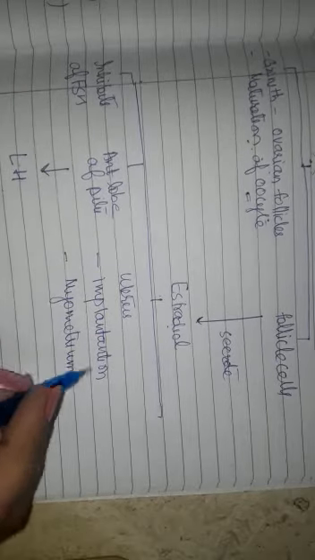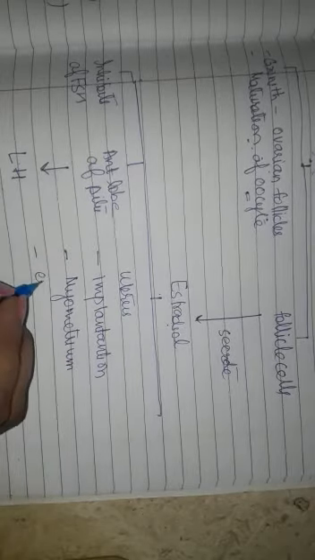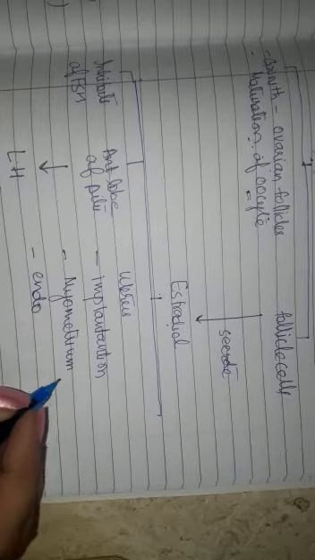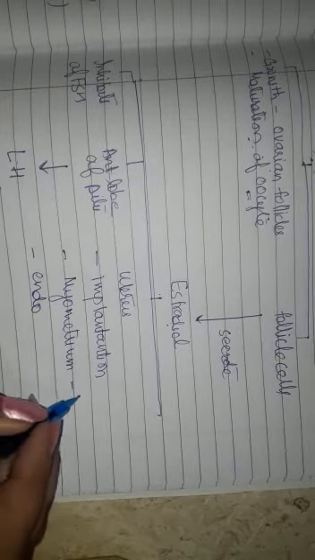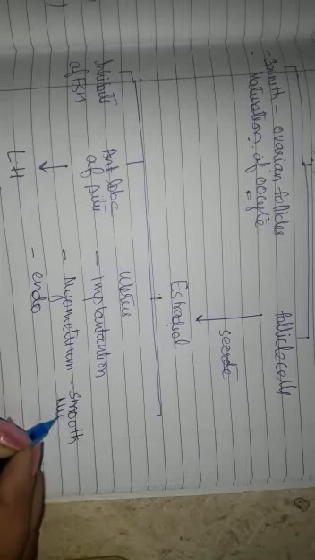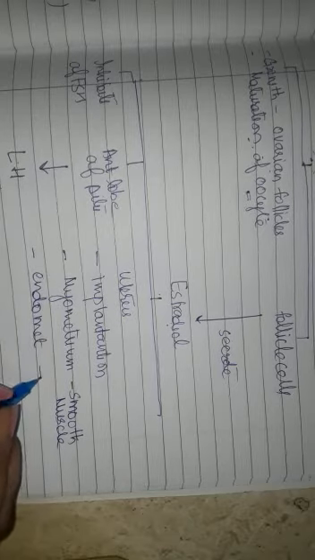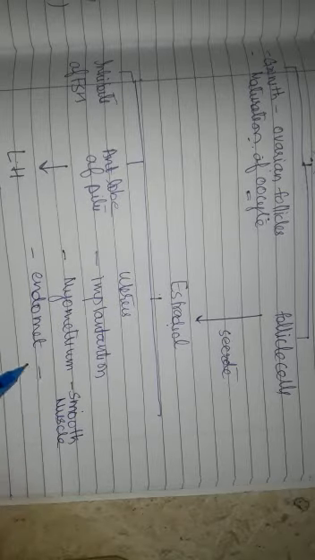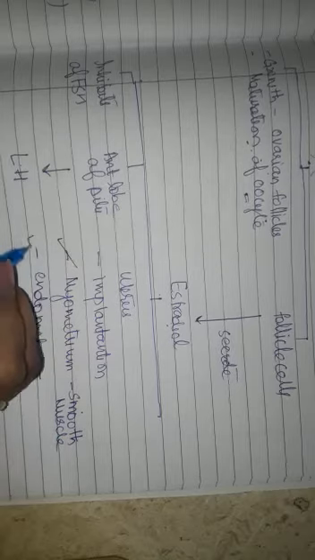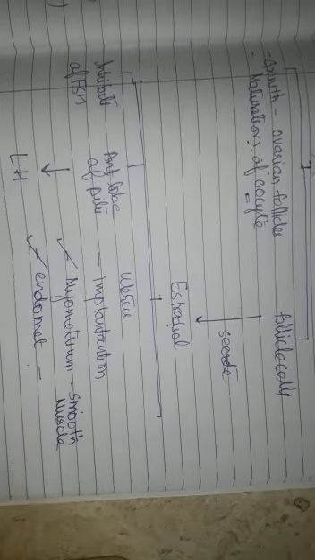So the thickness of the middle and the inner layers, that is myometrium and endometrium, increases. The myometrium is made up of smooth muscle fibers, and in the endometrium there is proliferation in the epithelial lining.